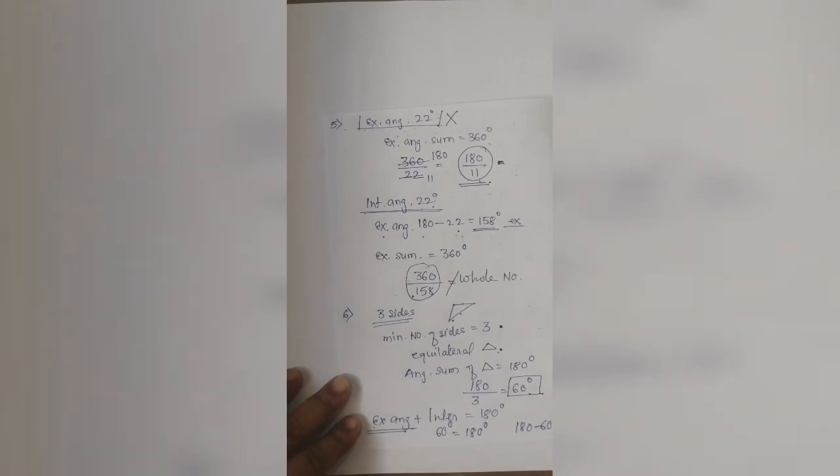So the maximum exterior angle of a regular polygon will always be 120.